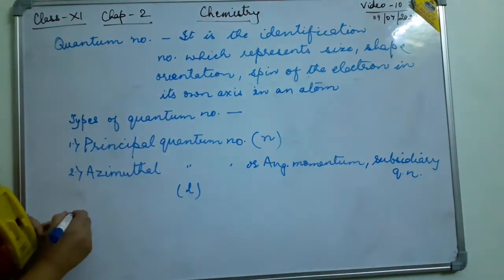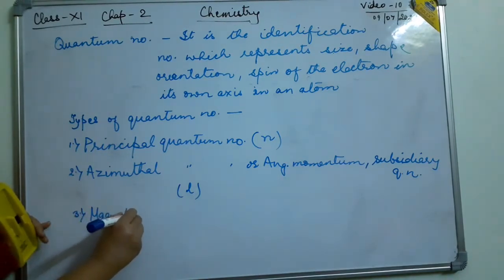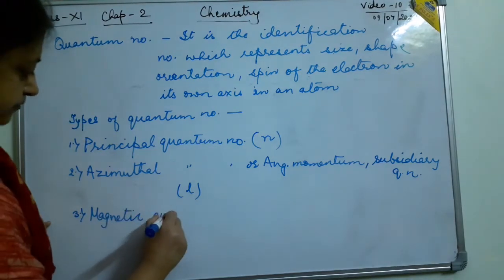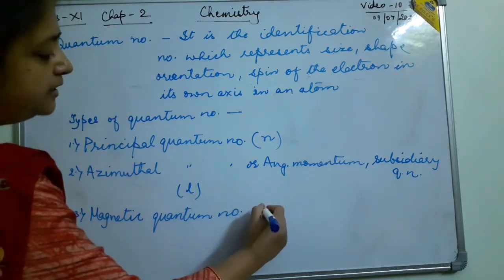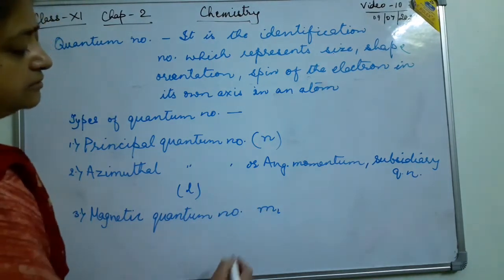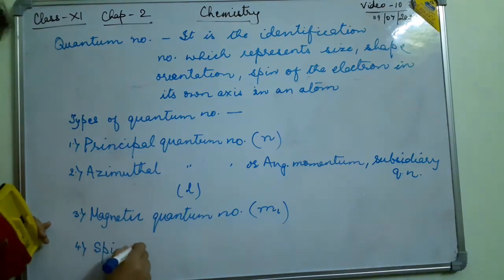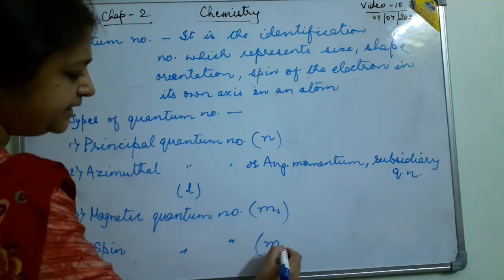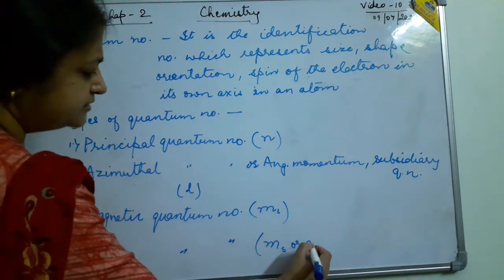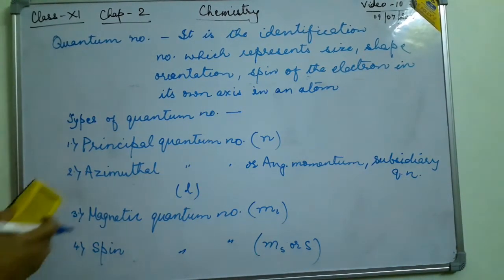Third is the magnetic quantum number, represented by ml. And fourth is the spin quantum number, represented by ms or simply s.